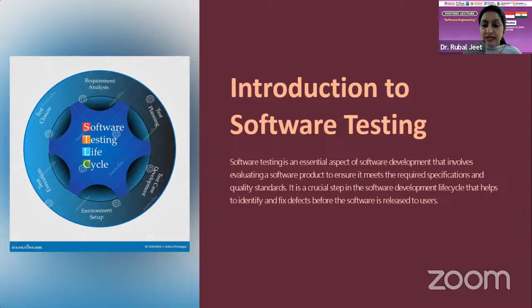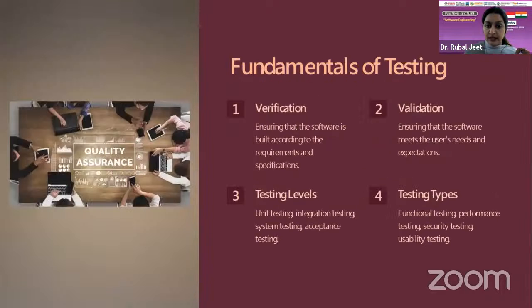Testing is very important to ensure that your software project meets all the requirements and quality standards. It is a life cycle to identify and fix the defects before releasing the software to the user. You need to check properly, line by line, each and every code by putting in some test cases or some values.